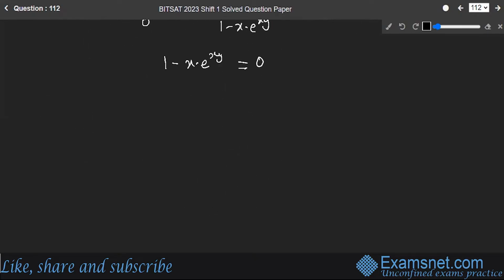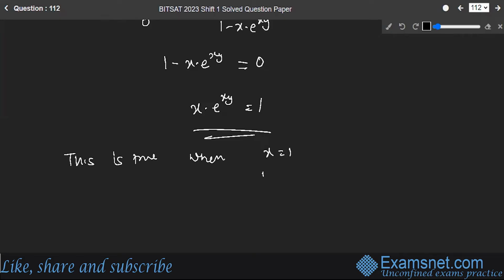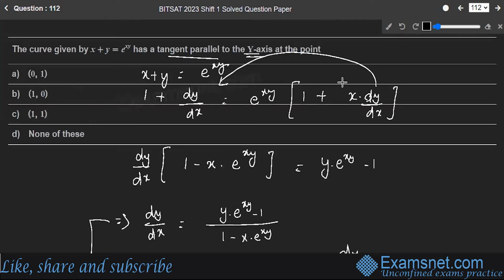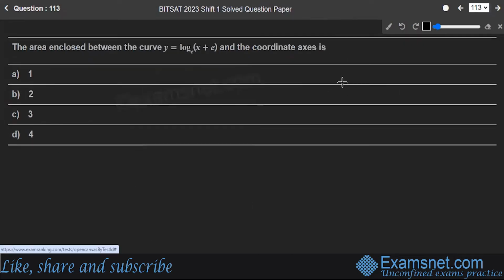This gives you x e power xy is equal to 1. This holds when x is 1 and y is equal to 0. So you have option B as the right answer. Hope you understood this. Next is question number 113.